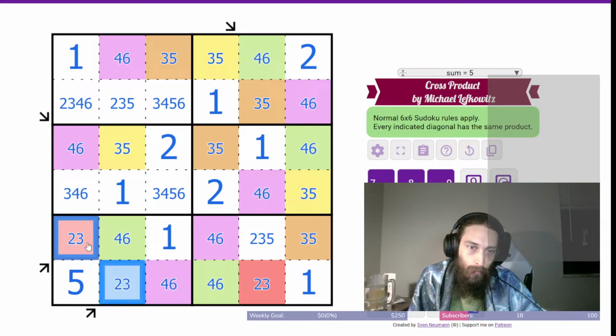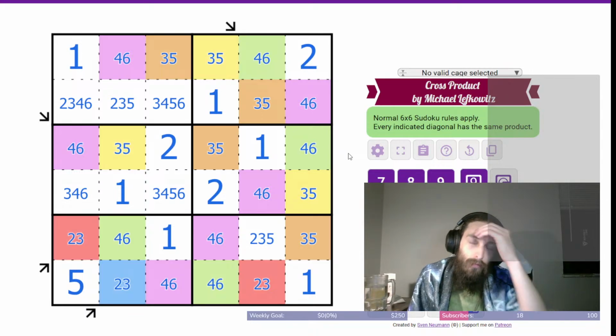Now I have a problem because red and blue have 3, and so do yellow and orange. Yeah.